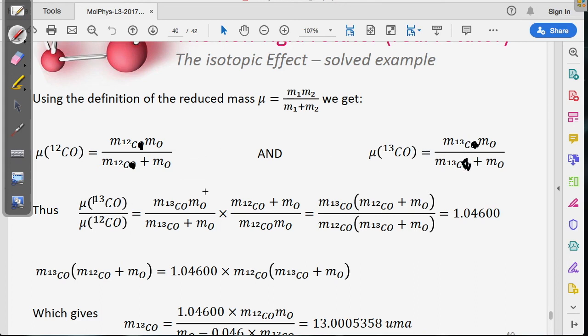And you divide them. If we divide them together, you notice that we can take this out and this out, and we will get, by multiplication, M of C13 this over this, equal to this value. We just do the math.